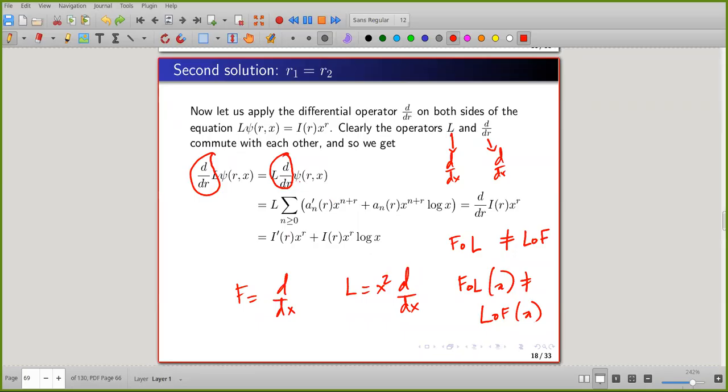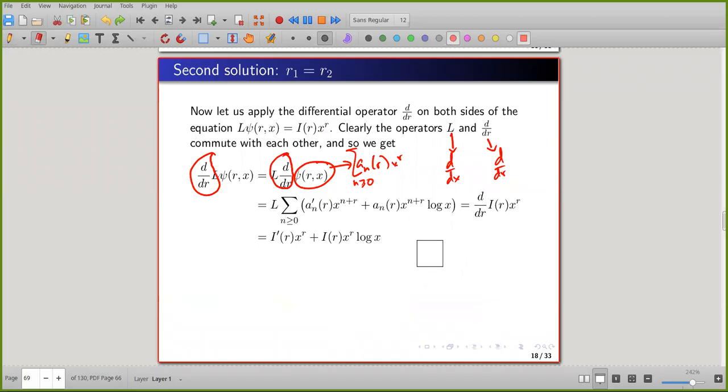Now, psi r x is equal to the summation n greater than or equal to 0 of a n r x to the power n plus r. And throughout this course, we have not been worried at all about exchanging a differential operator and a sum. Without any fear, we exchange the sum and the integral.